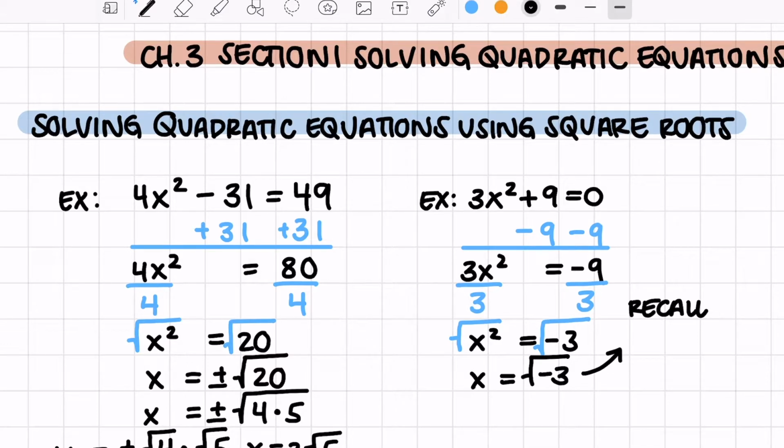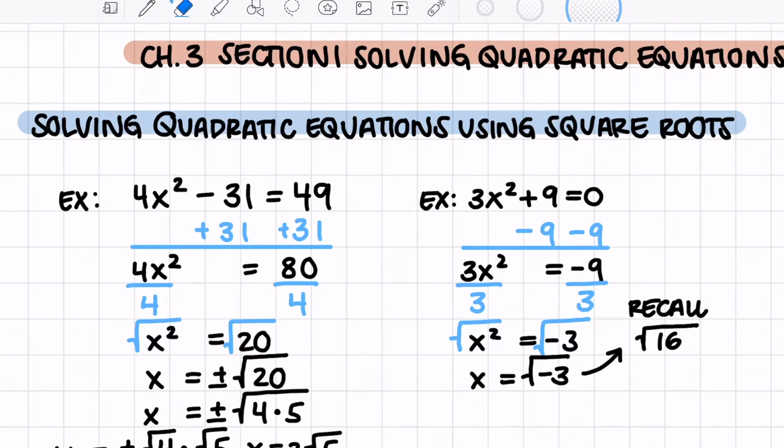And the reason why is because square roots are the double of whatever is inside. So if you have the number 16, you would have here 4 times 4, or negative 4 times negative 4. There's never a case where you're going to have a negative 16.